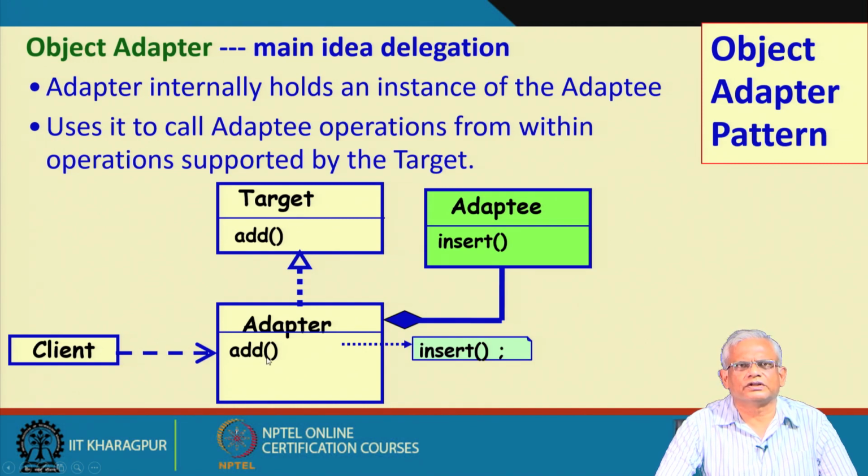So, for the add, we need to provide an implementation, and in the implementation of add, we will just call insert on the adaptee reference. It holds a reference to the adaptee. We can show this as an association or aggregation. Whenever there is a call to add by the client, in the implementation of the adapter, we will make the call insert on the reference of the adaptee class that is internally stored.